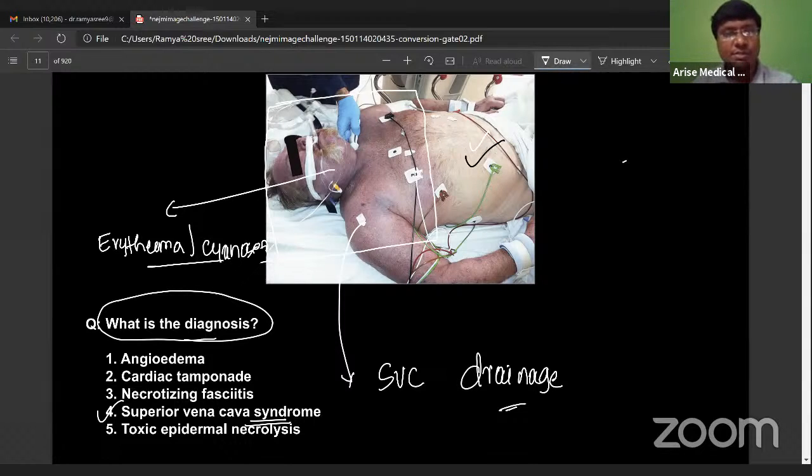The face, neck, both the upper limbs, and the upper part of the chest. So these are all the areas whose venous drainage is into the superior vena cava, right? Now, because the superior vena cava is blocked in this clinical scenario, that is the reason why the upper half of the body appears cyanosed or erythematous. Okay, right. Now we will move on to the next question.